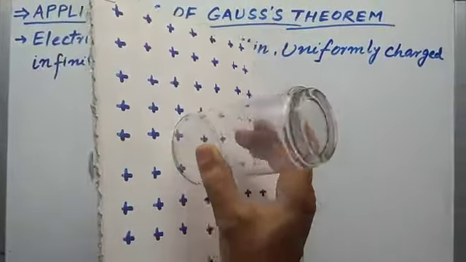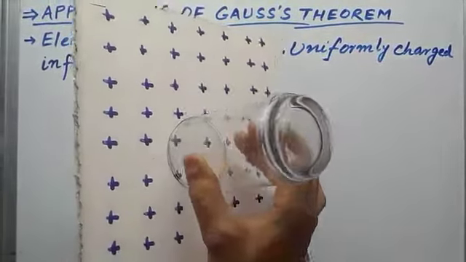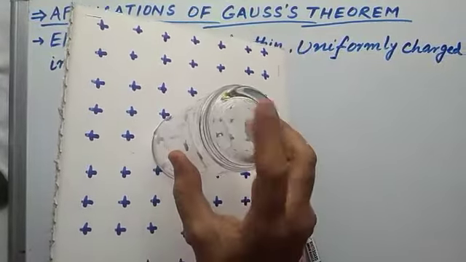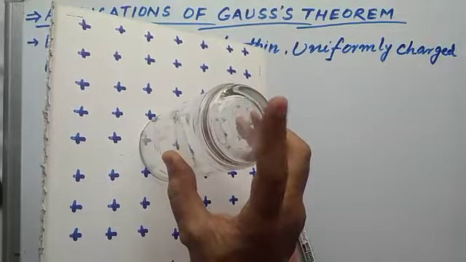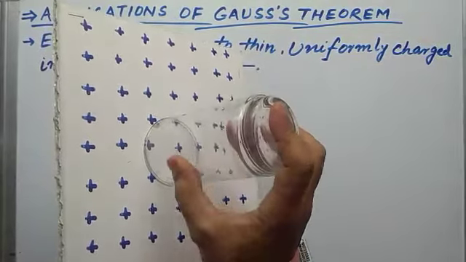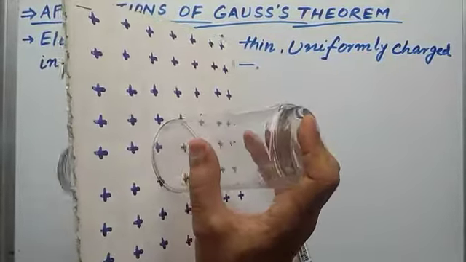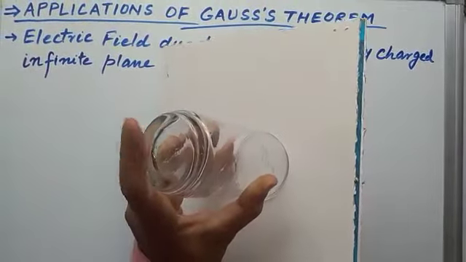Now the Gaussian surface consists of three sections. One, plane surface, end cap. Second, curved surface. Third, this side, end cap.